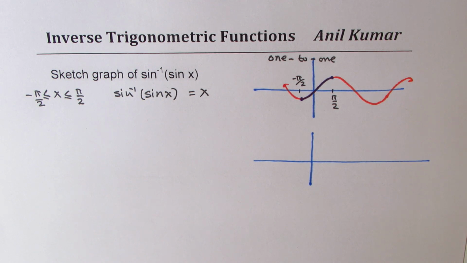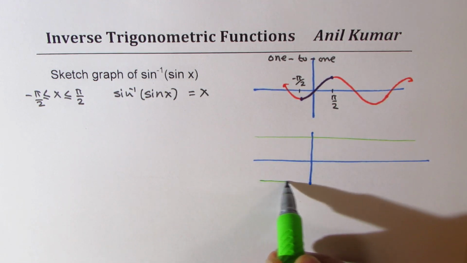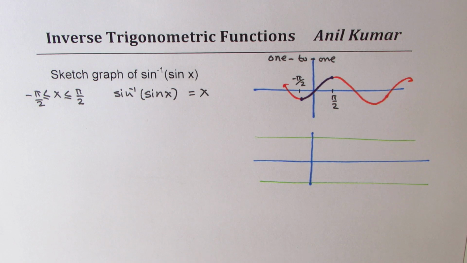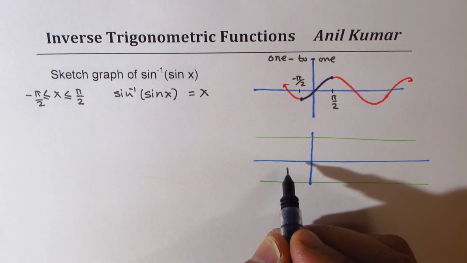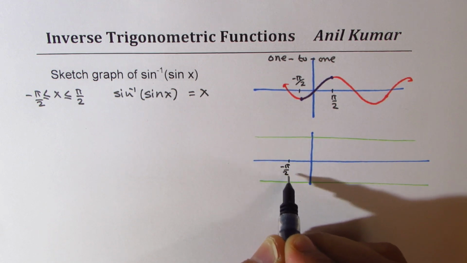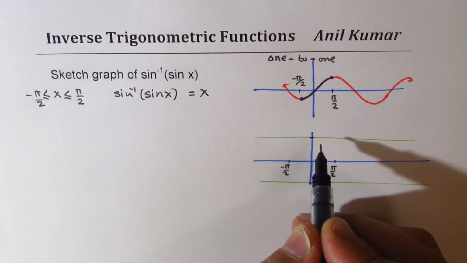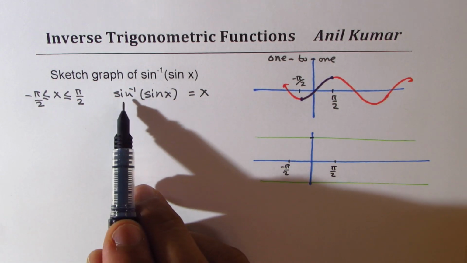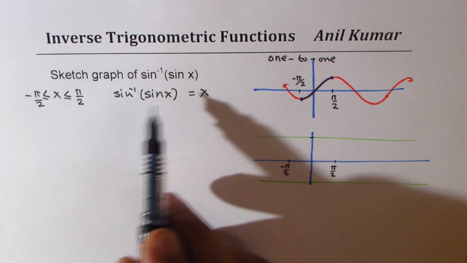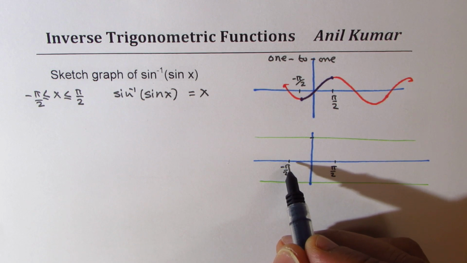when I say x, then let me use some guidelines here. Okay, so we are saying within minus pi by 2, let's say this is our minus pi by 2 and this is plus pi by 2. Is that okay? So in that case, sine inverse of sine x is equal to x within minus pi by 2. So at minus pi by 2, it is going to be minus pi by 2, correct?